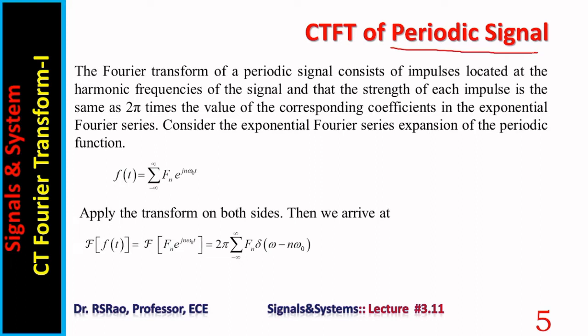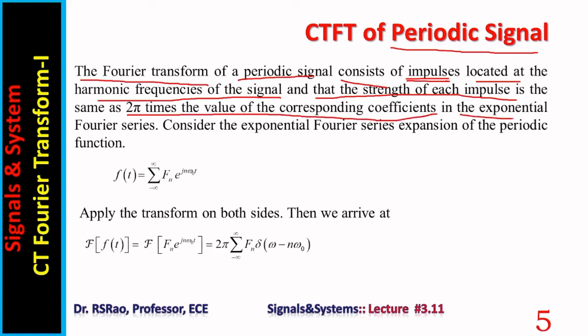Let us spend some time on discussing this particular topic. The Fourier transform of a periodic signal consists of impulses located at the harmonic frequencies of the signal, and the strength of each impulse is the same as 2 pi times the value of the corresponding coefficient in the exponential Fourier series. So this is the statement.